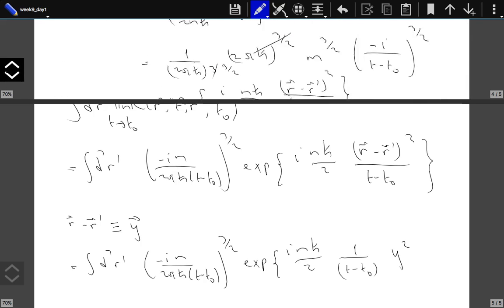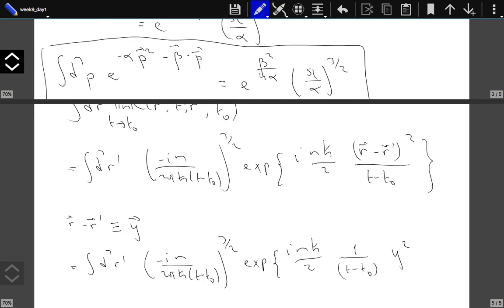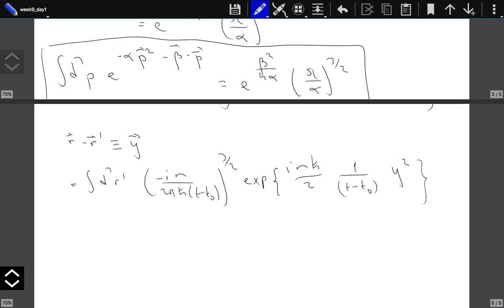Well, this is just like my Gaussian integral that I had evaluated before. This time beta is just 0. This is equal to (-i m / 2π ħ (t - t0))^(3/2). Beta is 0, so I don't have any e to the power beta squared over 4 alpha terms.